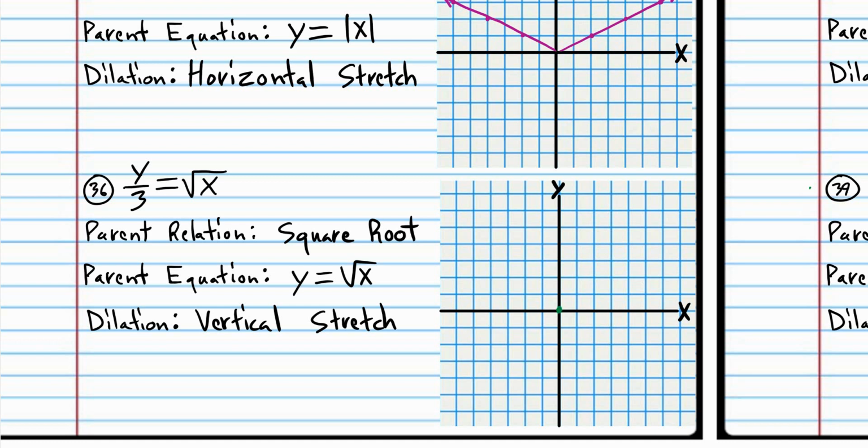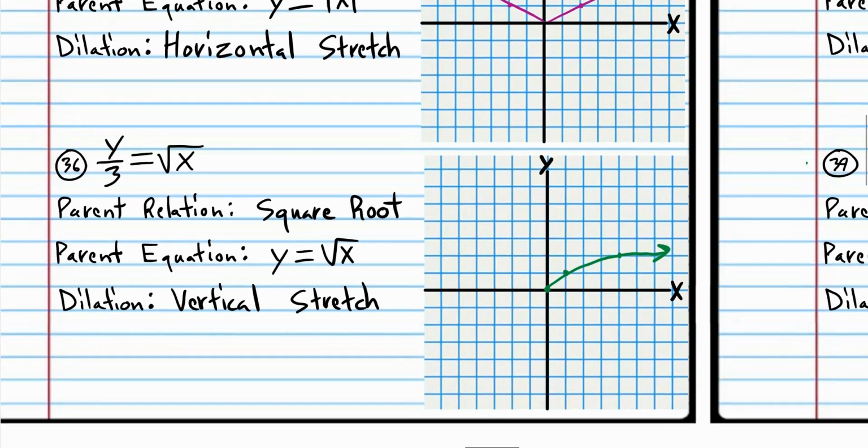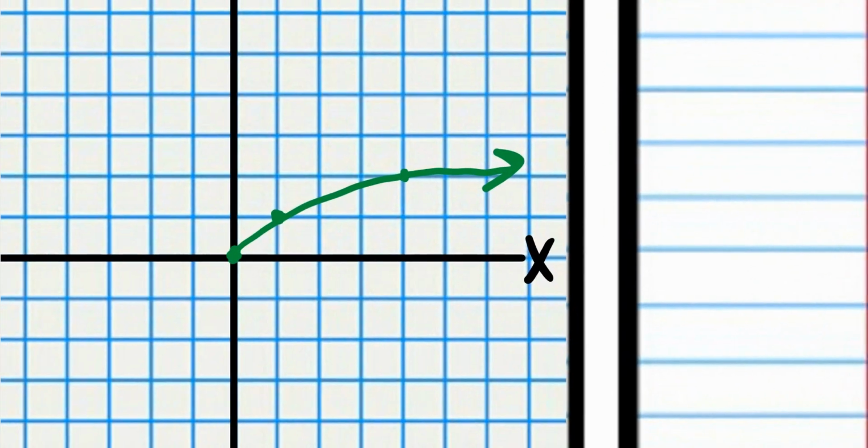If you look at the parent equation, or the parent graph that is, it looks like that. But we're going to multiply all the y values by 3. Why multiply? Because again, it's the exact opposite of what you would see in this equation. It looks like the y values are being divided by 3, but the y values are actually being multiplied by 3. It's the exact opposite of what you would think.